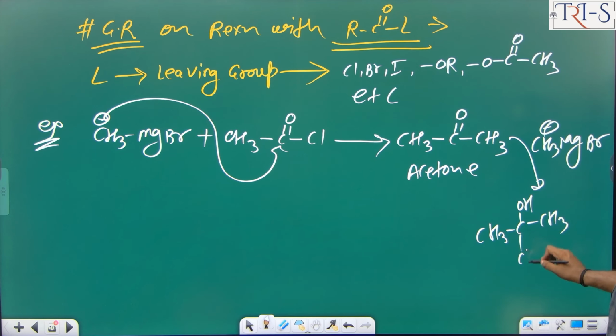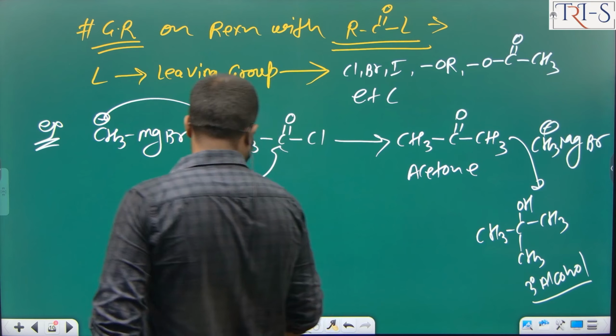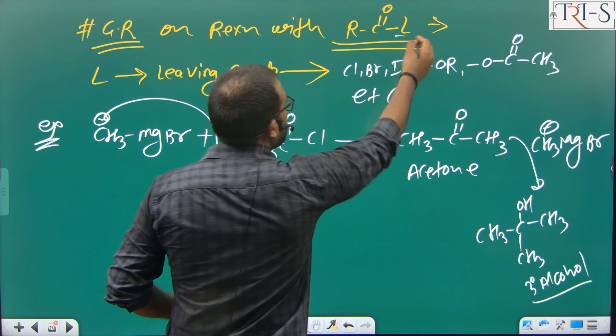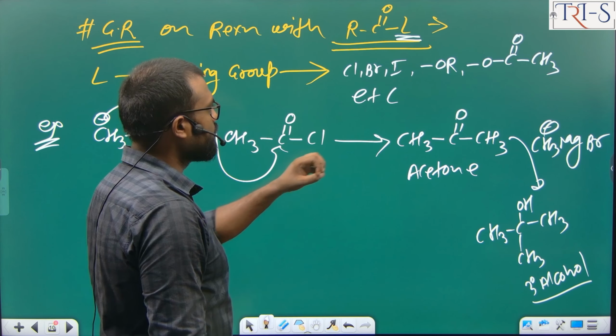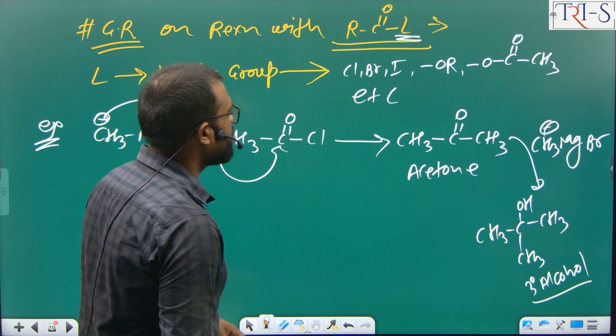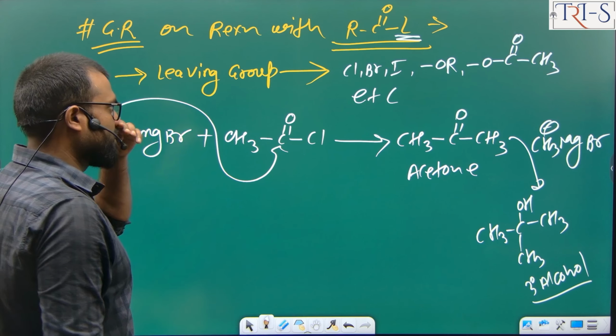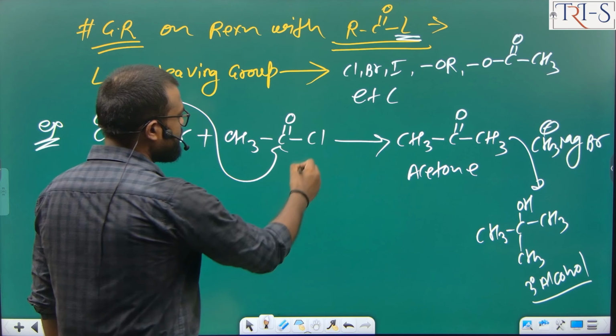Generally they form 3-degree alcohol. And L may be anything, chlorine, bromine, iodine, alkoxy group or ester group or any bulky group which can leave easily.